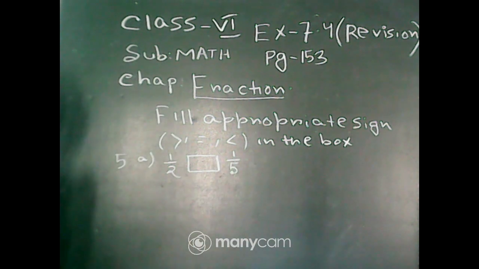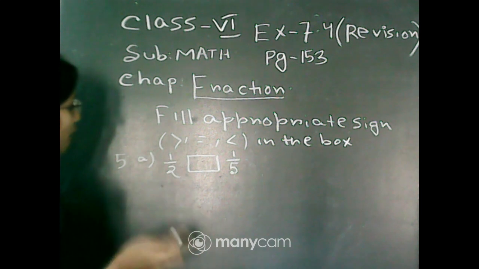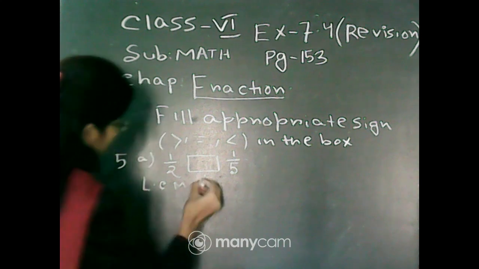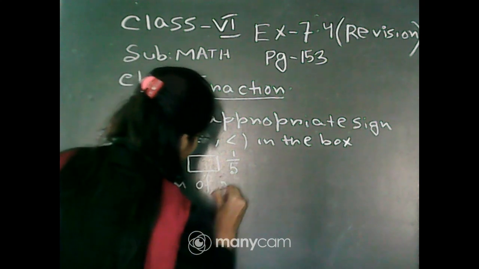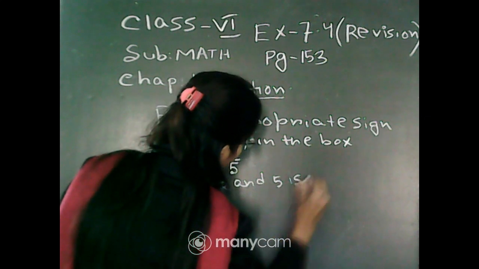First, we convert them into their equivalent fractions with a common denominator, and the common denominator is given by the LCM of 2 and 5. LCM of 2 and 5 is 10.